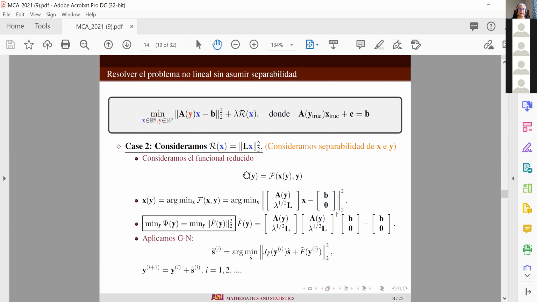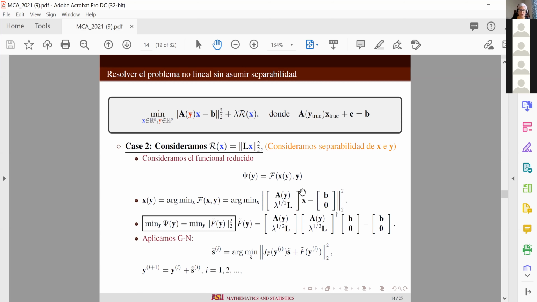So here we can just use the variable projection method, okay? The difference is that now, when we want to compute X, we might use fast solvers for this problem, different from the original paper by Golub and Pereyra, different from Julian's approach, because this L now makes a difference, okay?